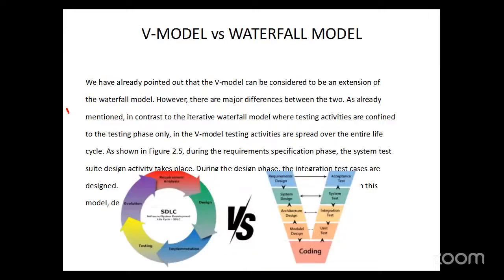So again, we will compare the V model with the waterfall model. What are the features associated with the SDLC models, the waterfall model and the V model? We have already pointed out that the V model can be considered an extension of the waterfall model.